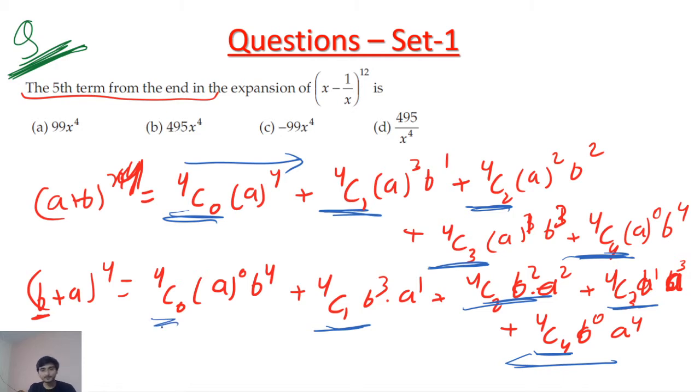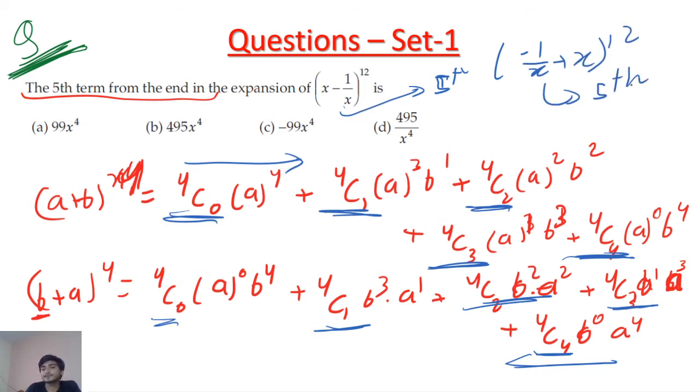So when you are going from behind, either you find the fifth term from the end, or you can write this as (-1/x + x) to power 12 and find the fifth term of this. Understood?